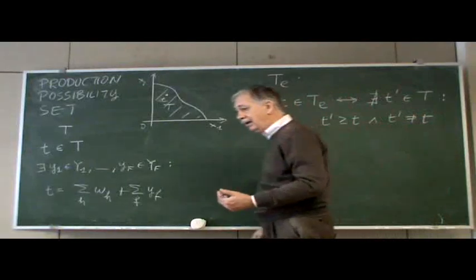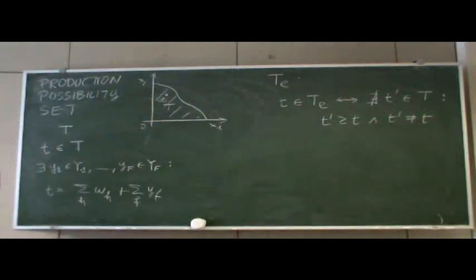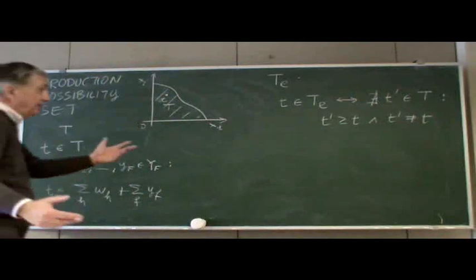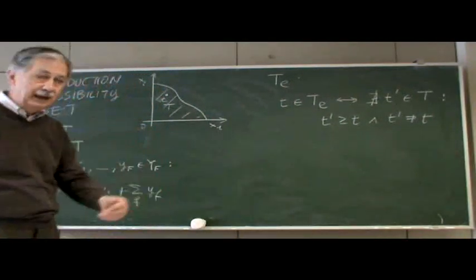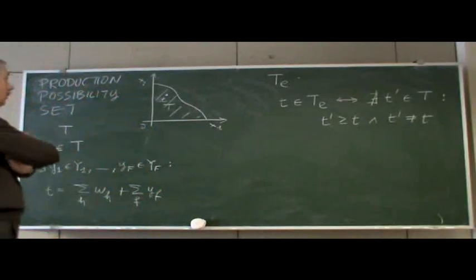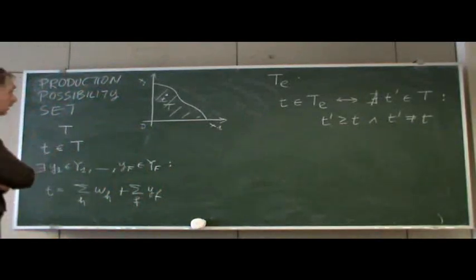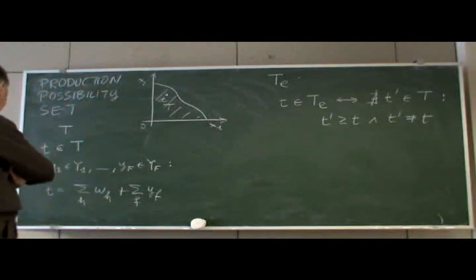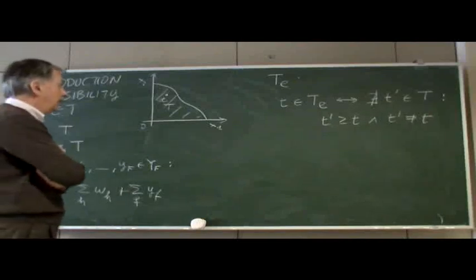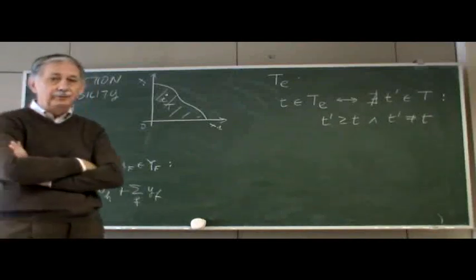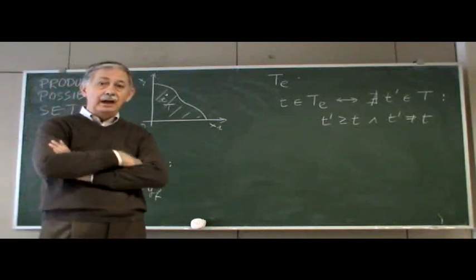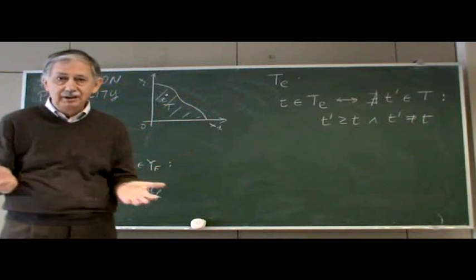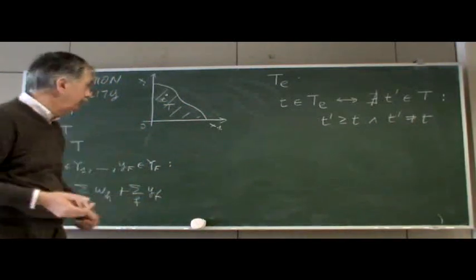In other terms, at least one component of t prime is greater than the corresponding component of t. Is it clear? This is a subset TE of all the vectors t which are the result of efficient allocation of factors in the Edgeworth box. Substantially, this is the meaning of this definition.